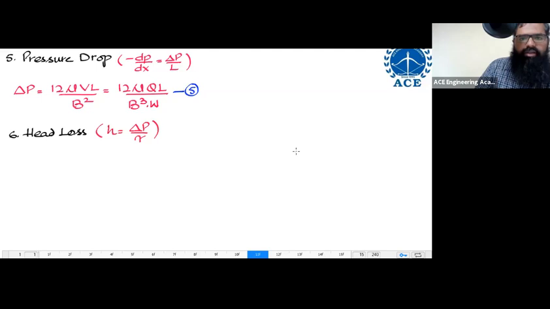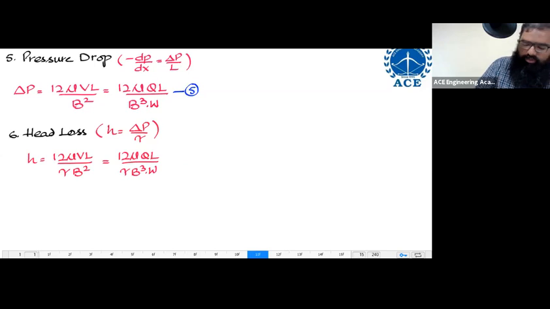Therefore the head loss is either 12 mu VL upon gamma into B square, or 12 mu QL upon gamma into B cube into W. This is the formula for head loss. Power loss also you can find out, but I'm not stressing on power loss here, it's not that important.